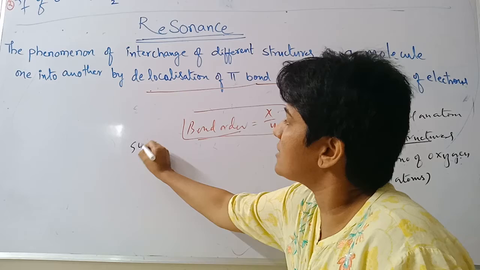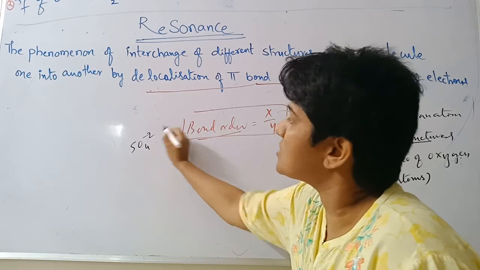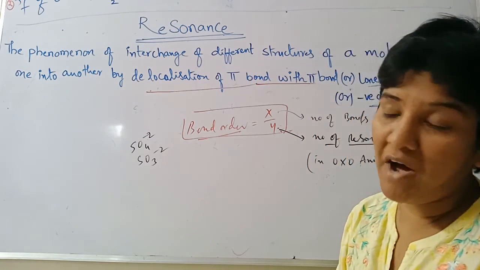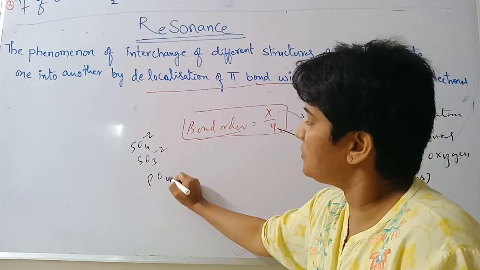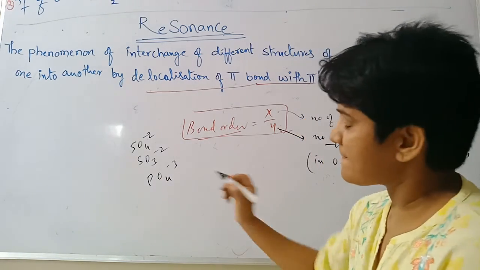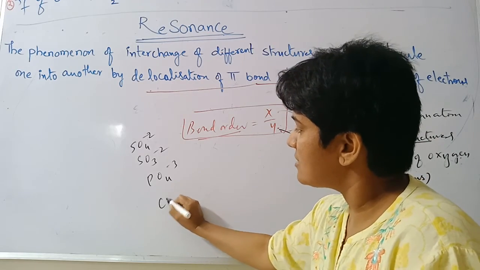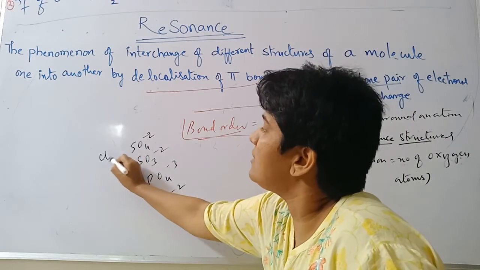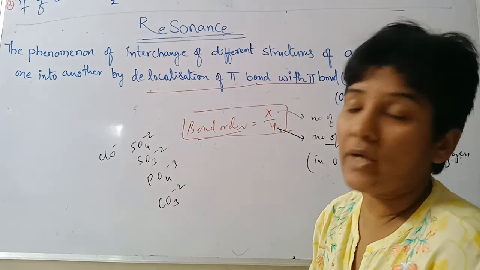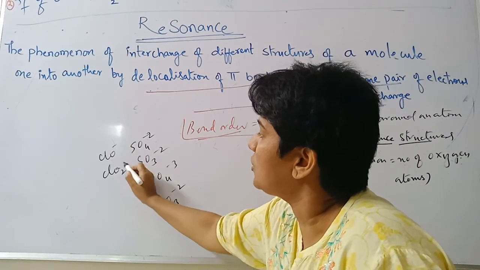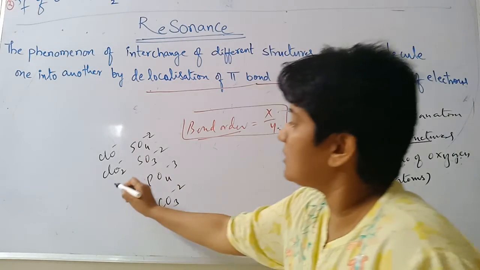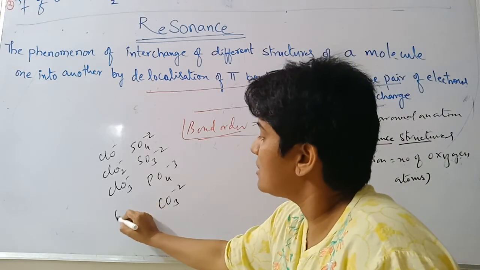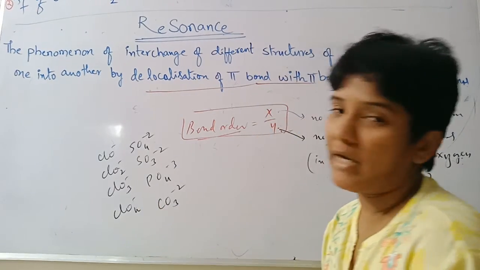See here, SO4 2-, sulfate; SO3 2-, sulfite; PO4 3-, phosphate. In the same way, CO3 2-, carbonate. ClO-, hypochlorite; ClO2-, chlorite; ClO3-, chlorate; ClO4-, perchlorate. Or you can take NO3-, nitrate, and NO2-, nitrite.